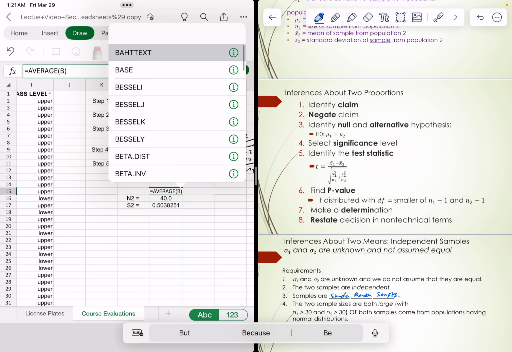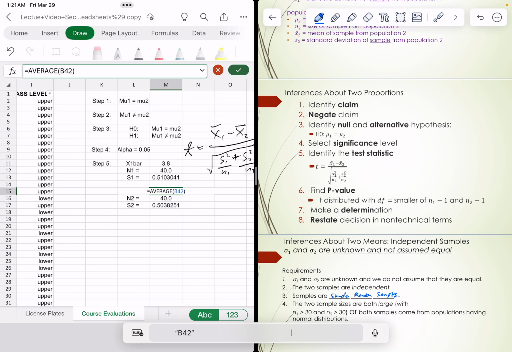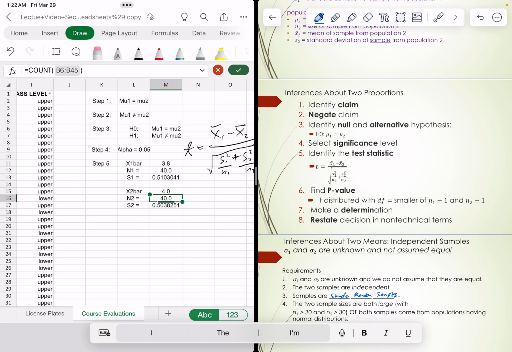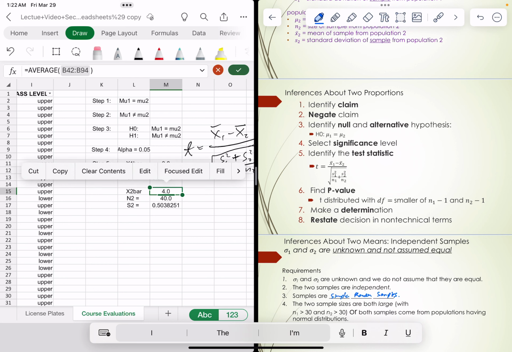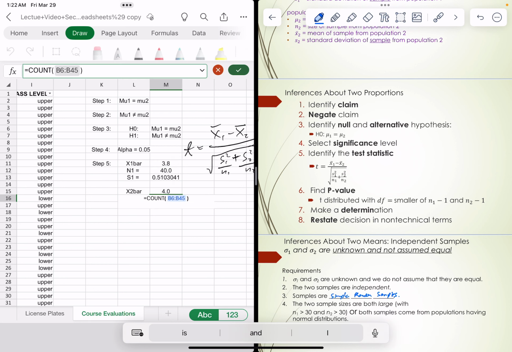B42 to B94. Enter. Great. B42 to B94. And I'm just going to copy that actually.